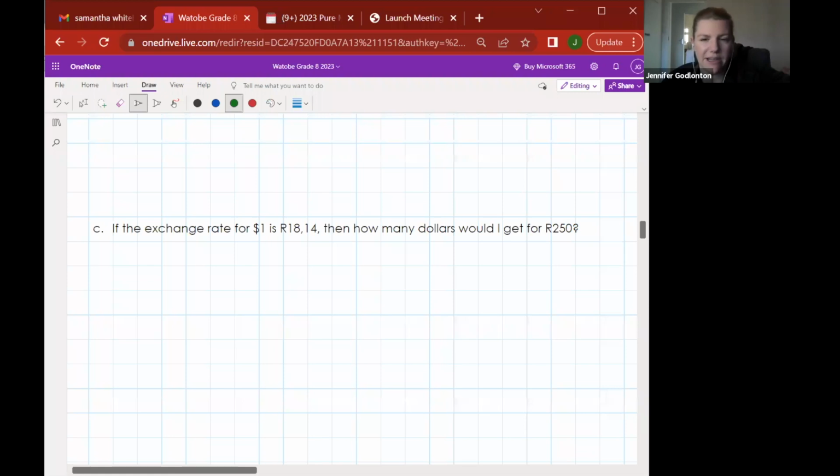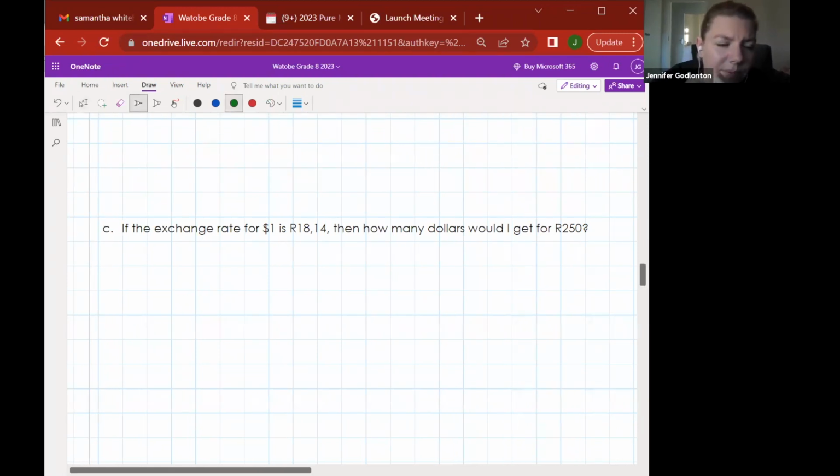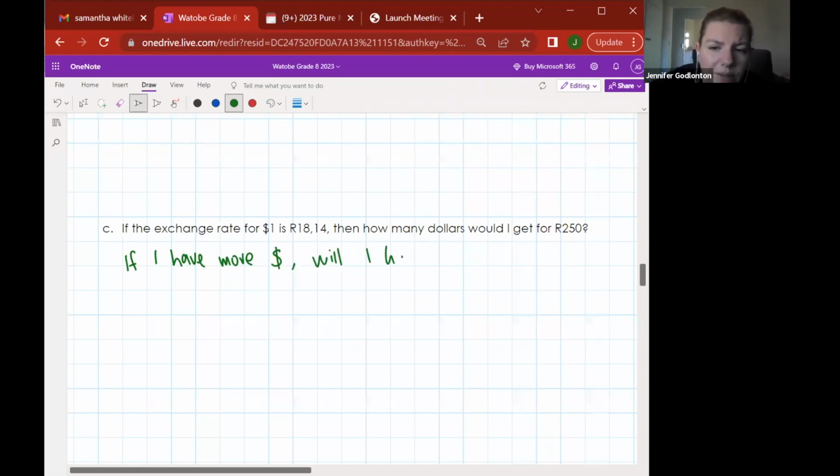Don't even panic about direct or indirect or inverse. My only question to you is, if I have more dollars, will I have more rand? That's my question to you. Good.